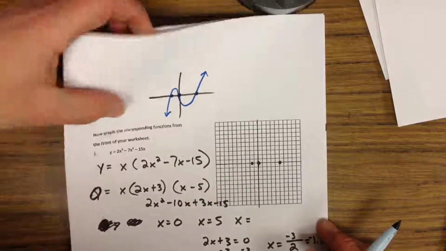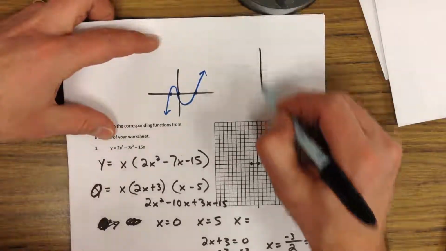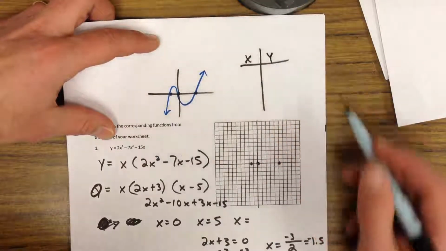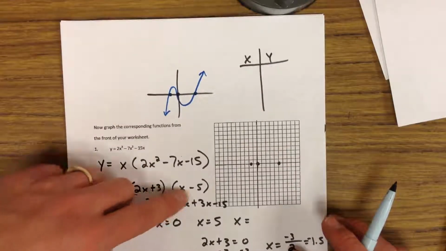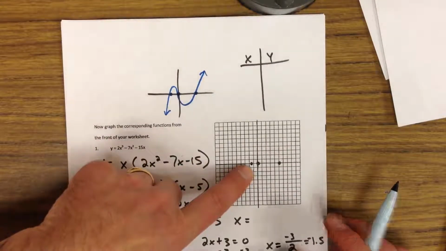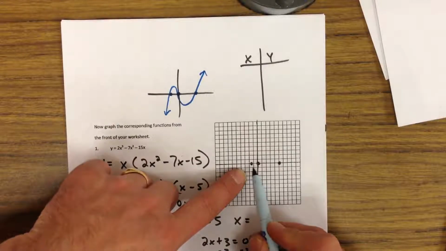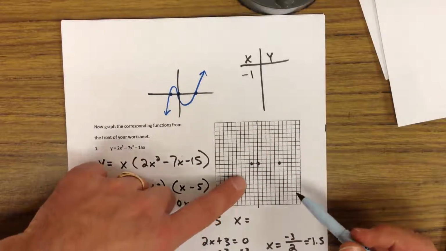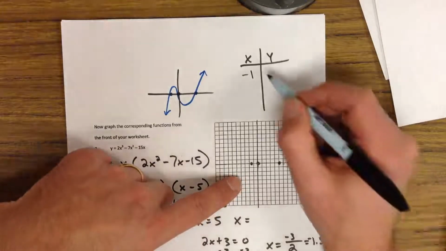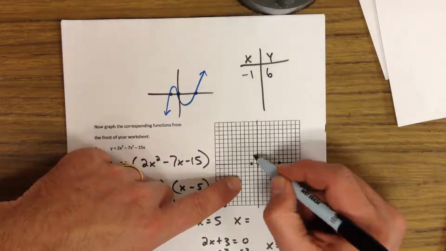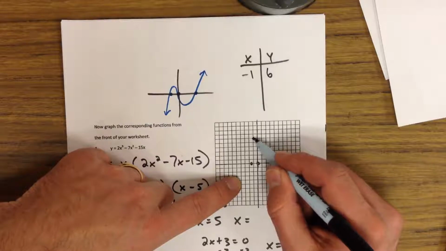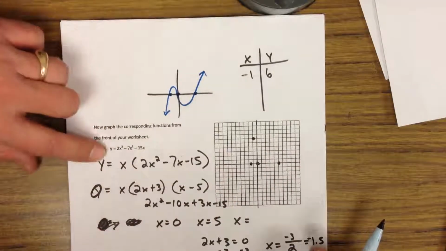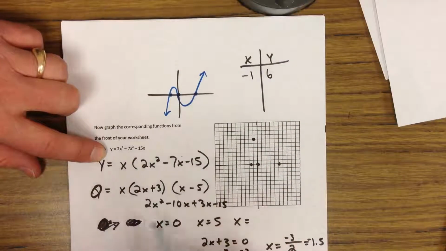So after doing all that work, I need to go back to an XY chart. And I might try plugging in -1. When I plug in -1, I get 6. So plug in as in, I would plug it into the original equation.